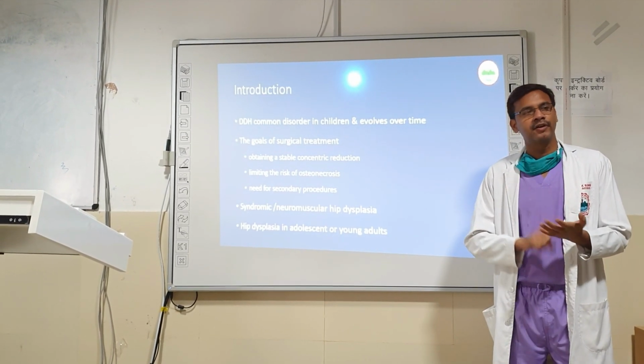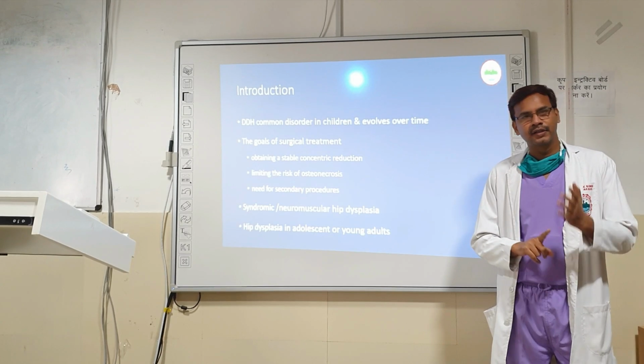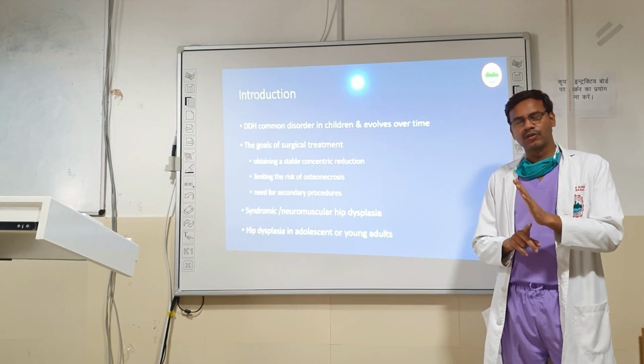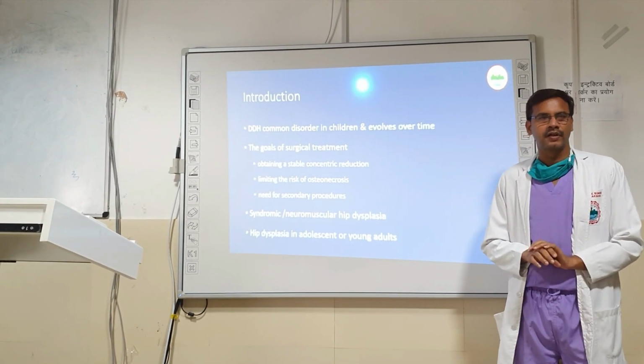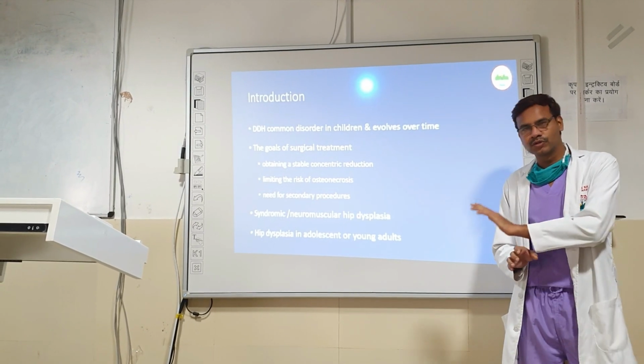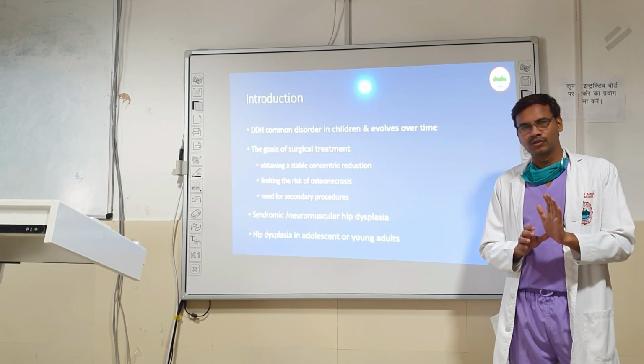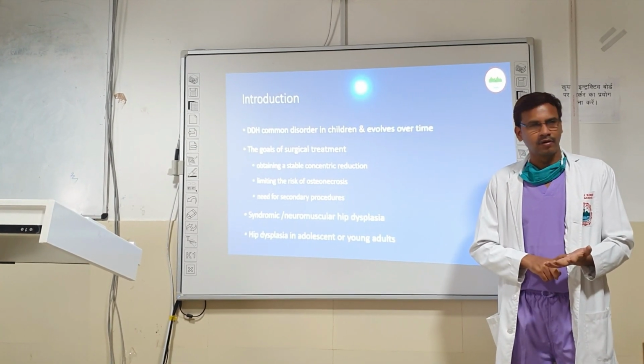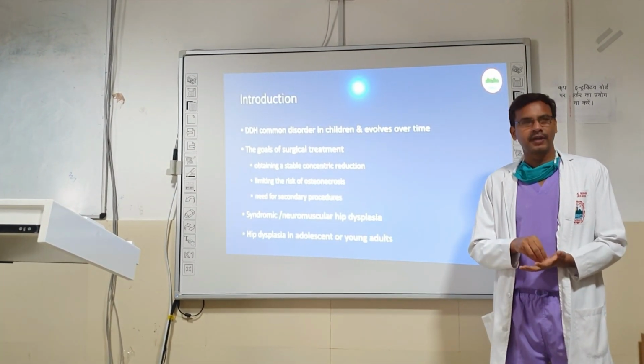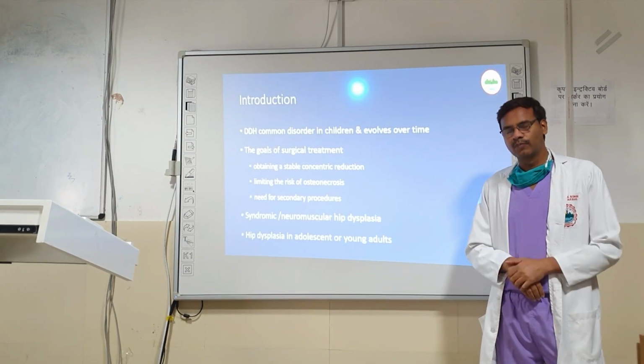Then it is called teratologic dislocation. The conditions for teratologic dislocation are different from the idiopathic variety. Idiopathic is the most commonly encountered, while the most common causes for teratologic are AMC or spina bifida. These are the two important causes.